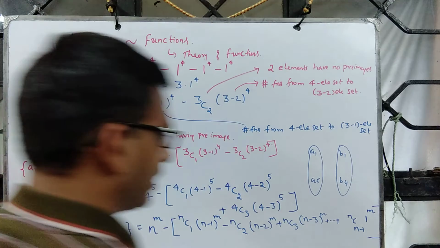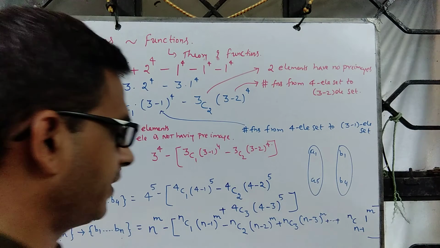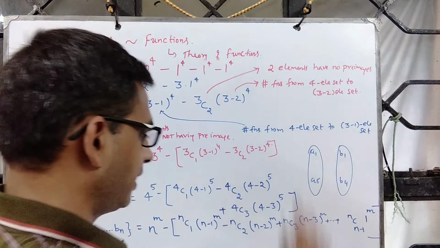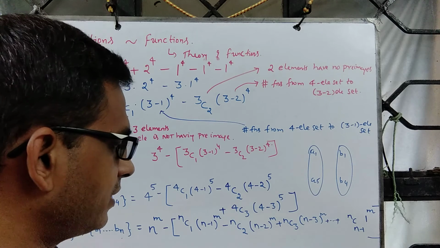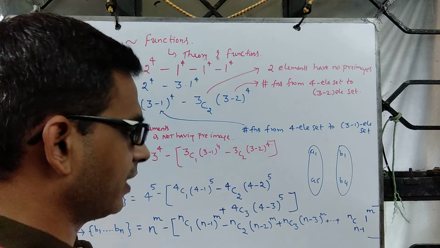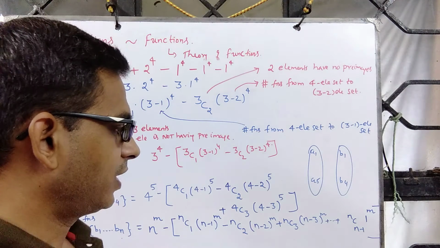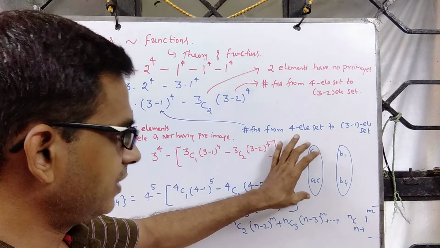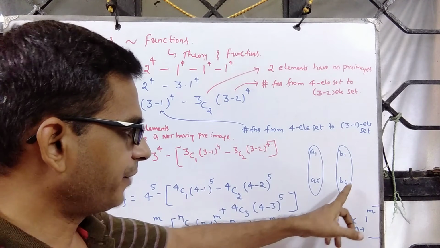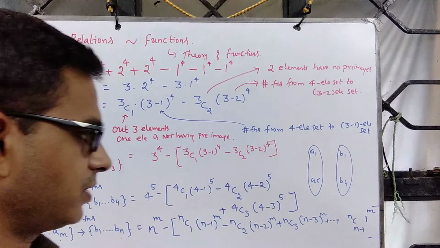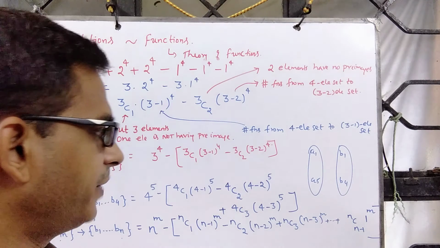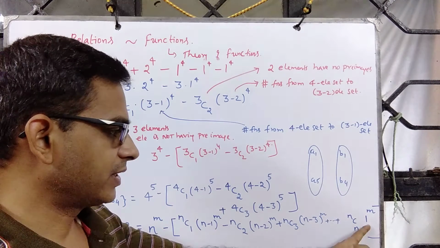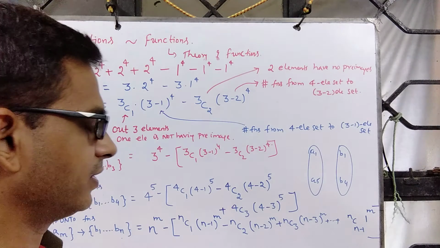So out of n elements, n minus 1 elements are not having pre-images, which means all of this must be mapped to just one element. So how many functions are there? It is 1 power this.